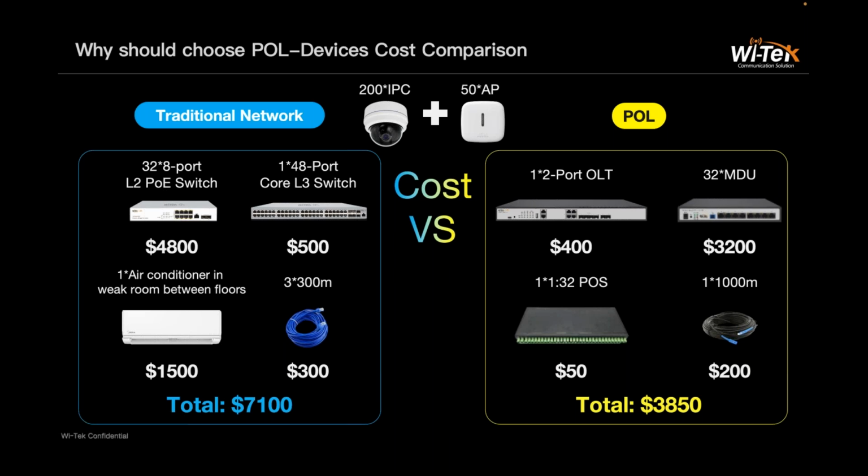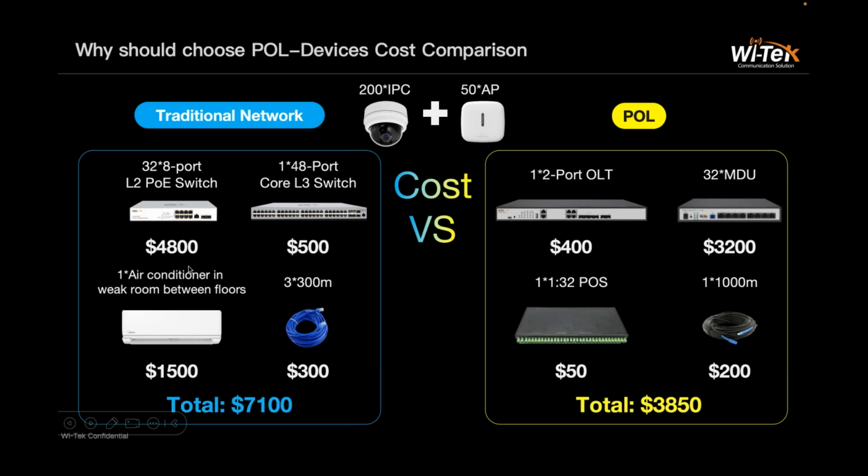If we want to use the cloud, we want to use managed switches. We need to choose 8-port layer 2 managed PoE switches, and maybe need 32 pieces because we need totally 250 PoE ports. And under this situation, you need to choose a good core switch, maybe a 48-port core switch, layer 3 switch.